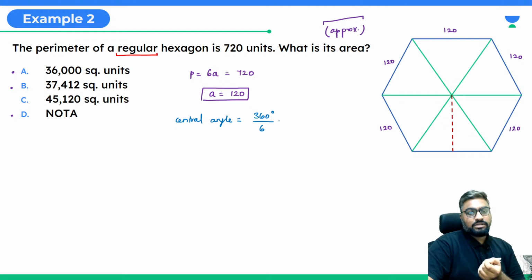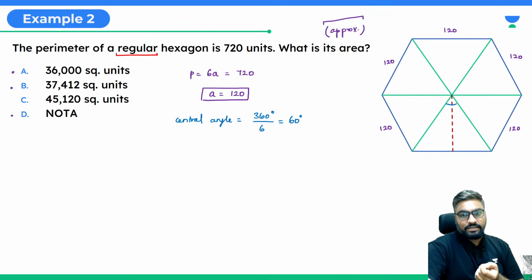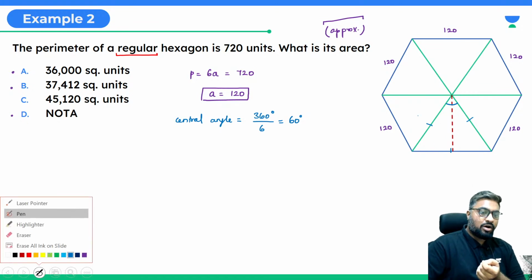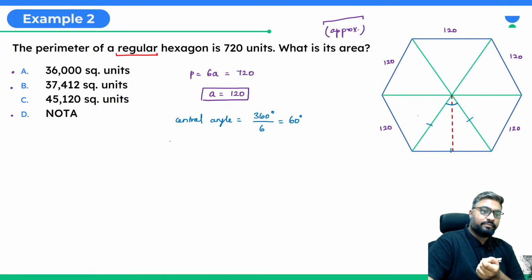So this is going to give us 60 degrees. Ultimately this will become an equilateral triangle. Agreed? This will become an equilateral triangle, yes or no, guys? So the area of a regular hexagon, can we say is nothing but 6 into the area of an equilateral triangle?